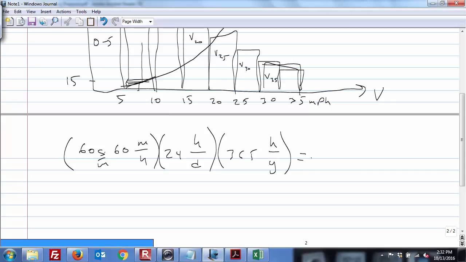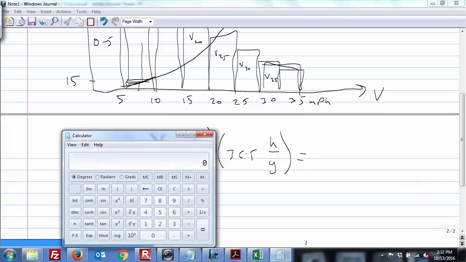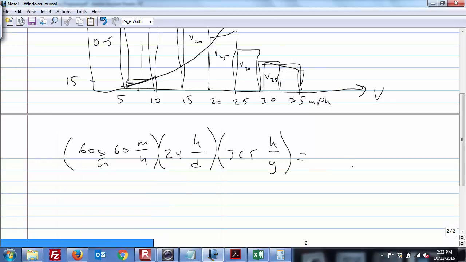This is going to equal, let's just run that number really quick. 60 times 60 times 24 times 365 equals, what was that, 31 million seconds? 32 million seconds? Yeah. So 32 times 10 to the 6th seconds per year.